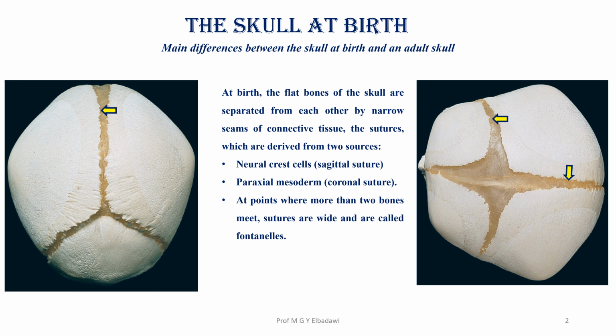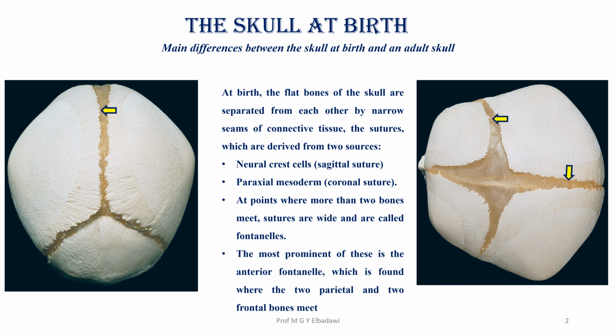At the points where more than two bones meet, the sutures are wide and are called fontanelles. The most prominent one is the anterior fontanelle, which is found between the two parietal and the two frontal bones.